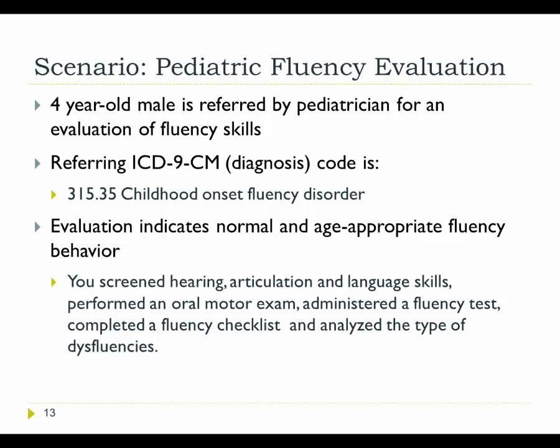The referring ICD-9-CM, or diagnosis code, is 315.35, Childhood Onset Fluency Disorder. Your evaluation indicates normal and age-appropriate fluency behavior. During the evaluation, you screened articulation and language, administered a fluency test, completed a fluency checklist, performed an oral motor exam, and screened hearing.